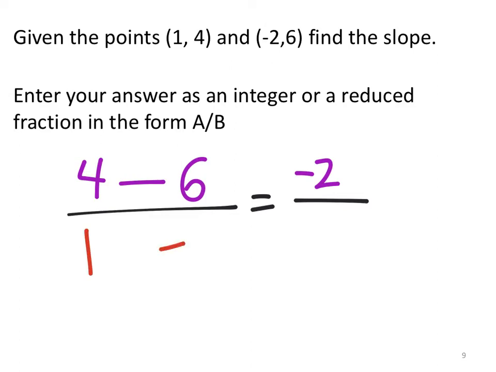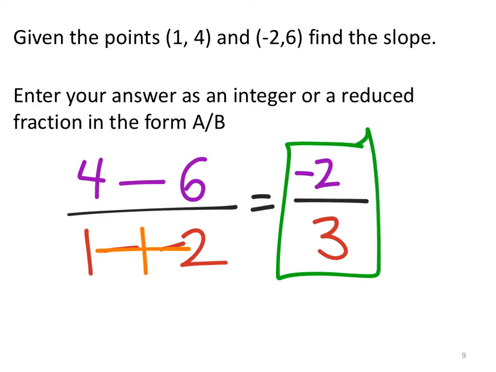I'd say, well, it's 1 and negative 2, but since I'm finding the change between the two, it's a subtraction problem. And the subtraction part is crucial because right now we're subtracting a negative, which really means that this becomes a plus, right? 1 plus 2 is 3. Now we have negative 2 over 3, and that can't be simplified any further, so this is just our final answer for the slope on this one.